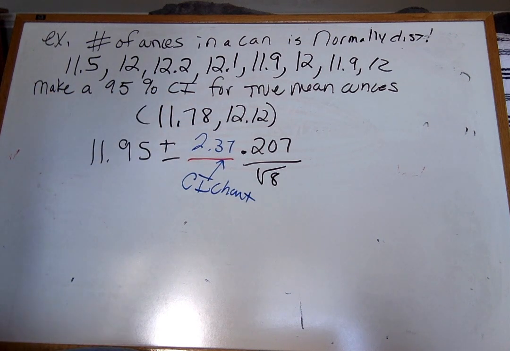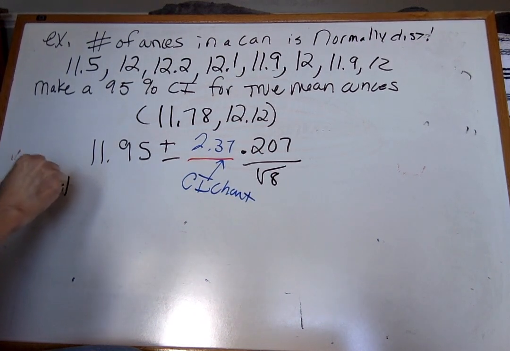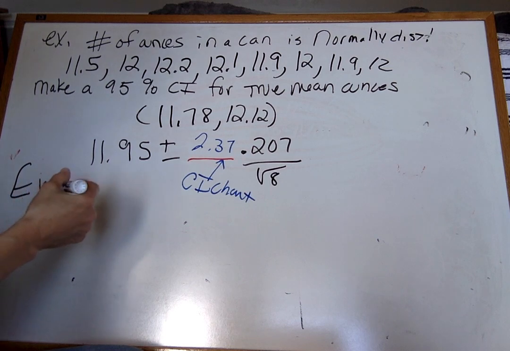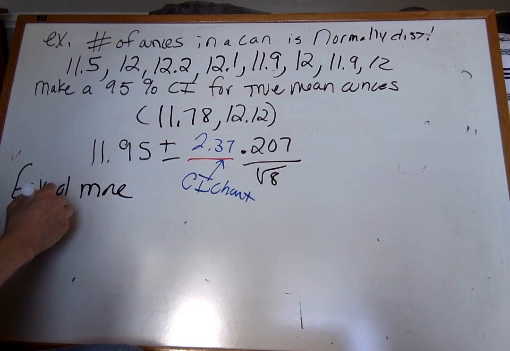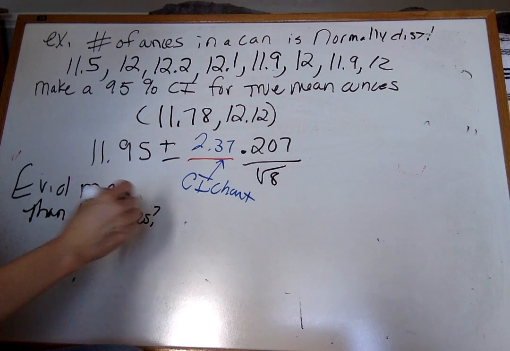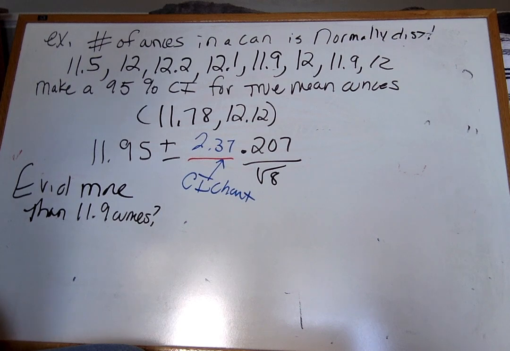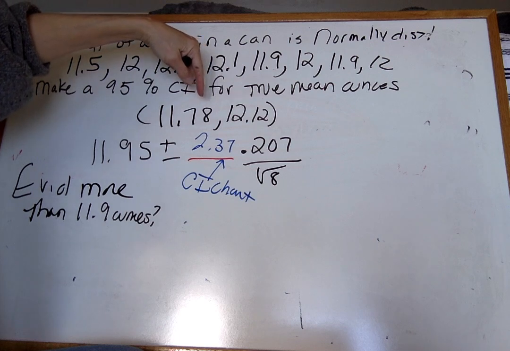Let's ask one interpretive question. Is there evidence there's more than 11.9 ounces? Is there evidence it's more than 11.9? I purposely made it really close to get you out of a bad habit.